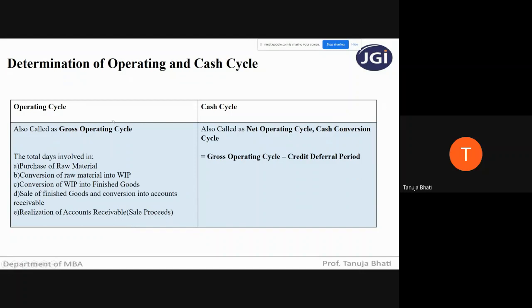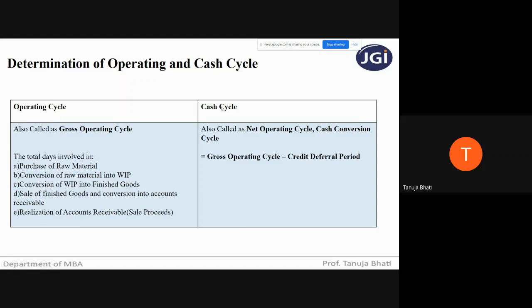So in this entire operating cycle, you are going to calculate the number of days involved in converting the raw materials up to receiving the cash. When you calculate the number of days, just add up all the days, and you will get the operating cycle in number of days.